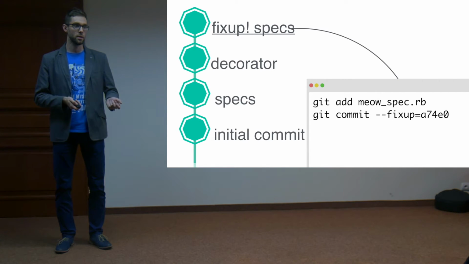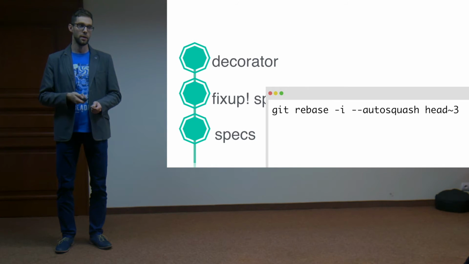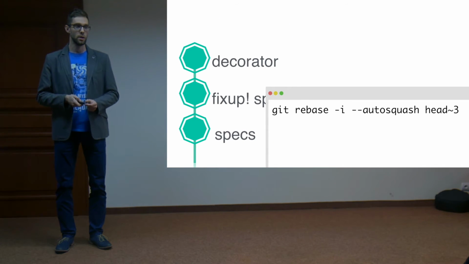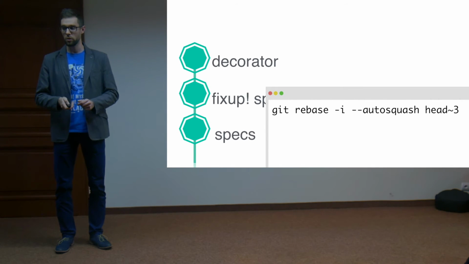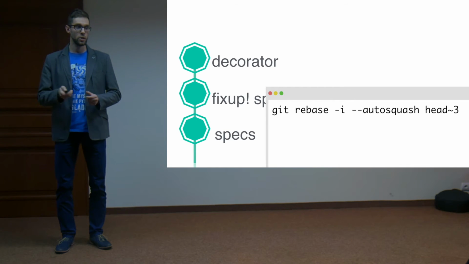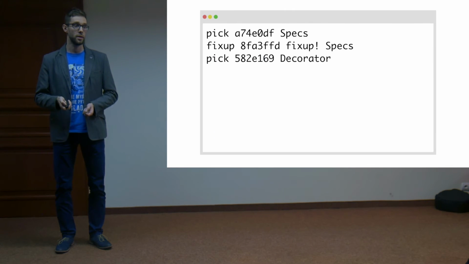And so after Fixup, there is a new commit, the most recent one, that when we run autosquash, Git will rearrange all the commits with prepended fixup so that the changes are merged automatically. So after this operation, it will look like this.